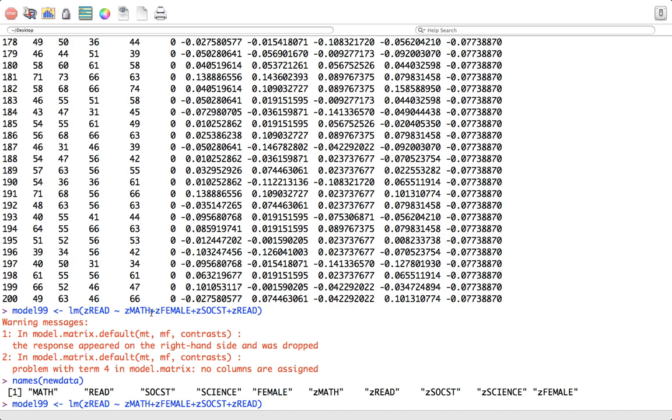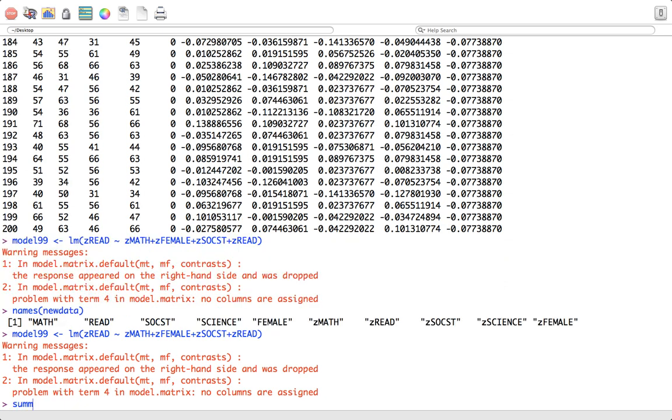All right, we want Z read as a function of math. I don't think it's like in the, well, let's see what happens here.